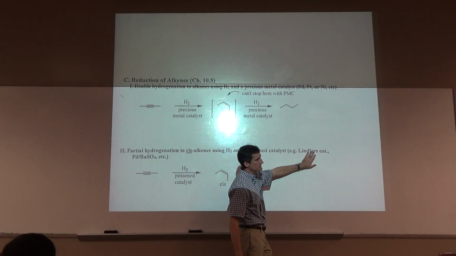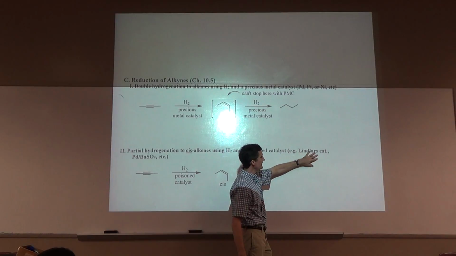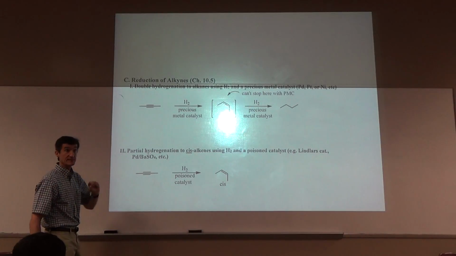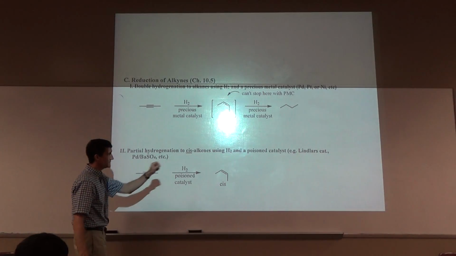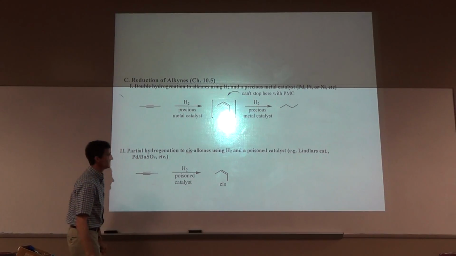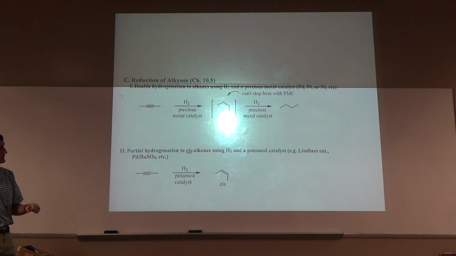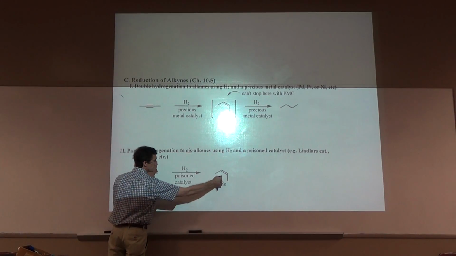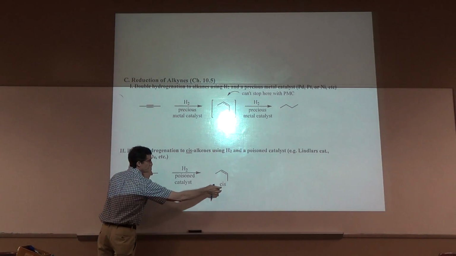It's actually like the salt, quinoline. There's a variety of things mixed together. But if you see Lindlar's catalyst, that's a common poison catalyst. And when you see poison catalyst, it's typically to stop at the alkene. That's just about it. The only place you'll ever see a poison catalyst is for this reaction right here. Of course, the alkene will be cis.